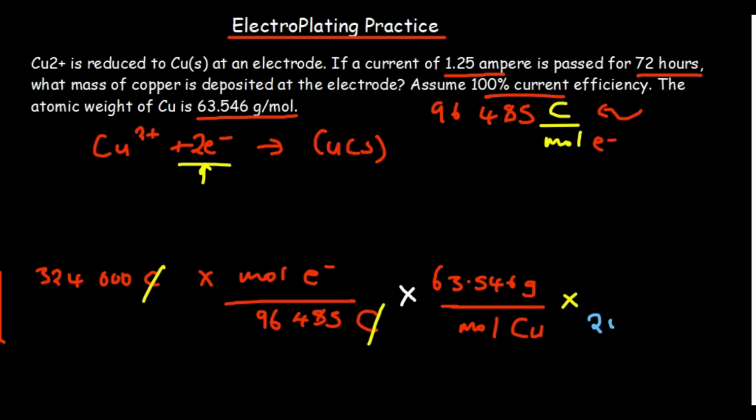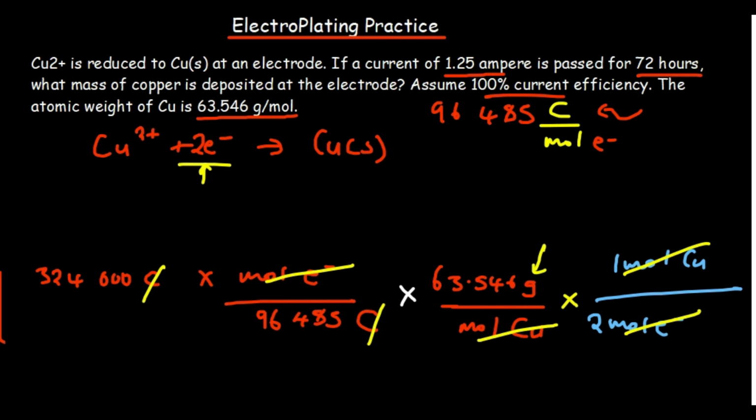So we have 2 moles of electron per every mole of copper solid formed. So you realize that this is now making sense because we expect that the mole of electron will cancel with that mole of electron, the mole of copper will cancel with this mole of copper. So the only unit that is remaining is what? The grams there for the mass.